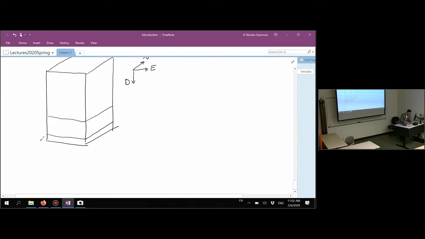So we were saying that for this particular case, the minimum horizontal stress was oriented in this direction. That the maximum horizontal stress was in this direction, and the vertical stress, it's vertical.